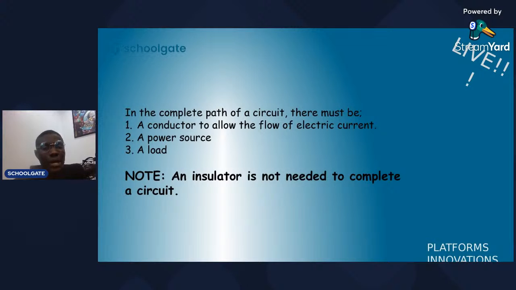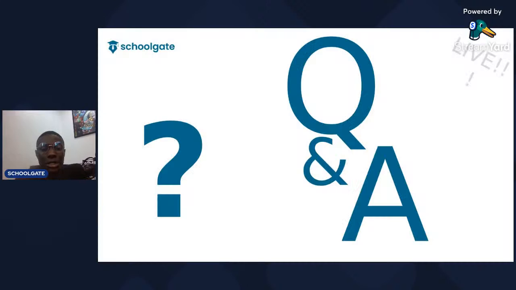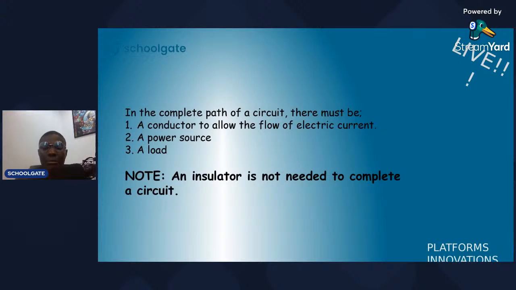But notice that while I explained what a circuit is, I never made mention of an insulator. Because an insulator is not needed. You don't need an insulator to complete the path of a circuit. You only need a conductor.